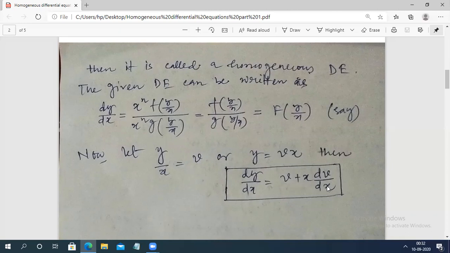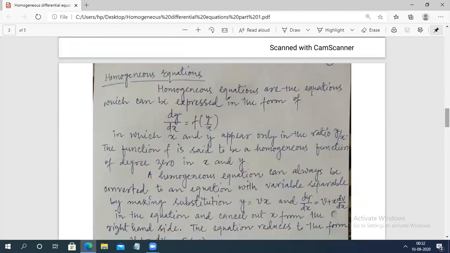Now at this stage you can separate out the variables v and x, and then use the variable separable method. In short, homogeneous equations are equations which can be expressed in the form dy by dx is equal to f of y by x, what I just discussed earlier.